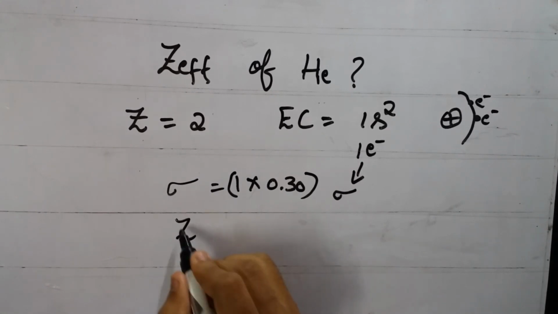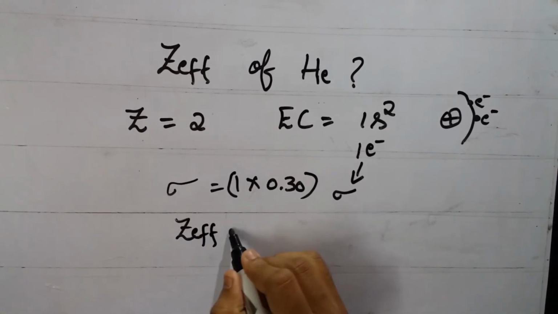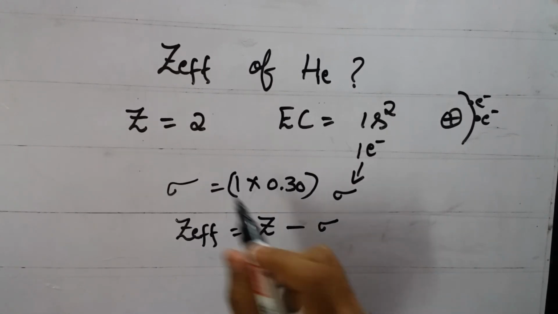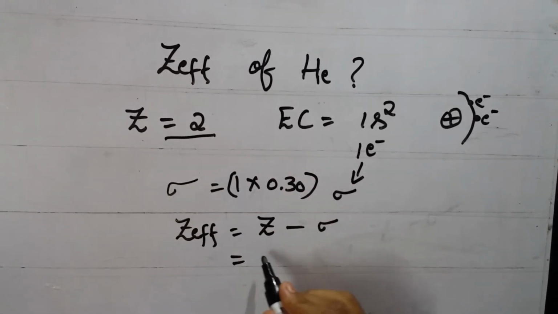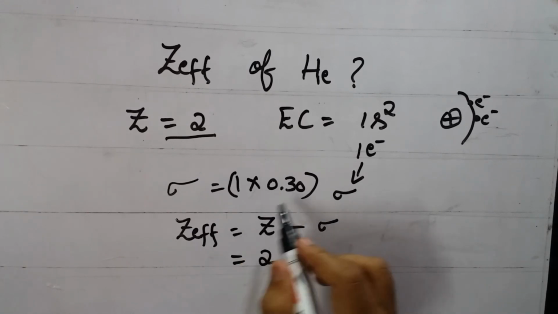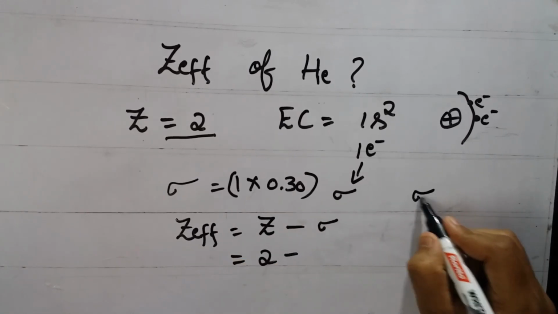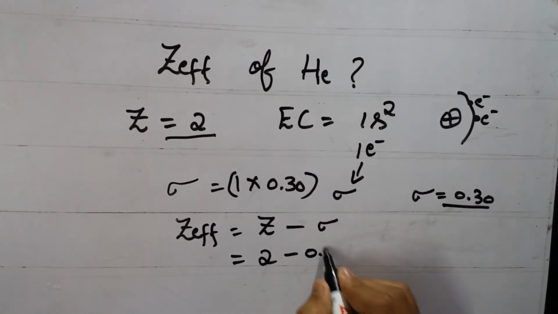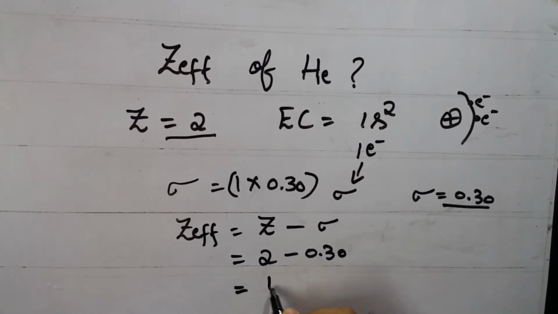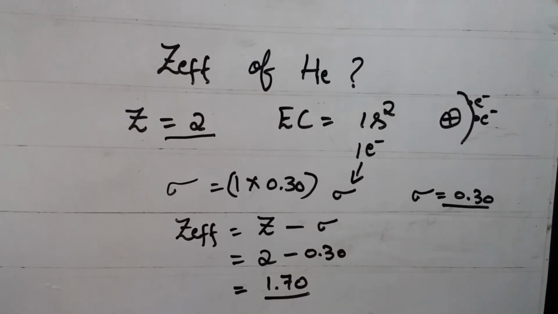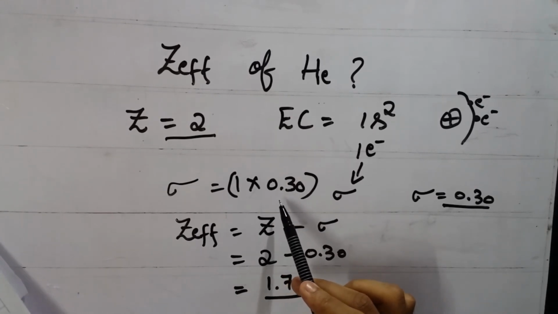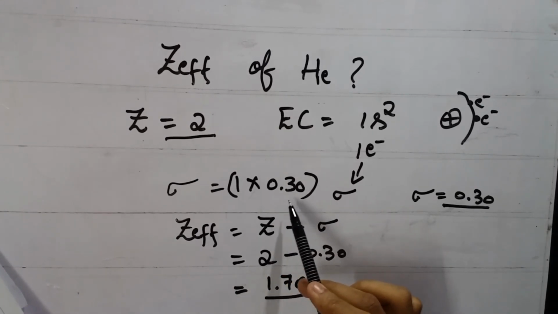Hence Z effective would become Z minus sigma, where the value of Z is 2 and sigma is 1 into 0.30, that is 0.30. 2 minus 0.30 gives 1.70, which is the Z effective of helium. Here the sigma value, that is the contribution of the 1s electron, is 0.30.